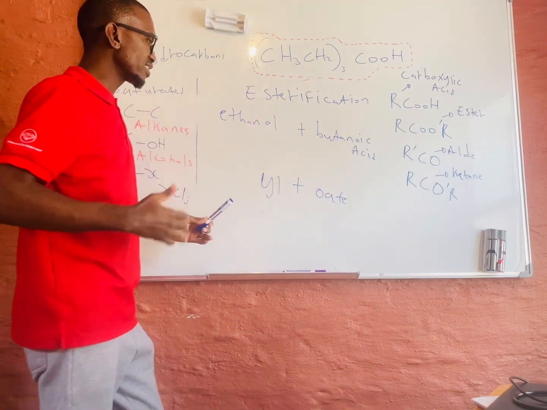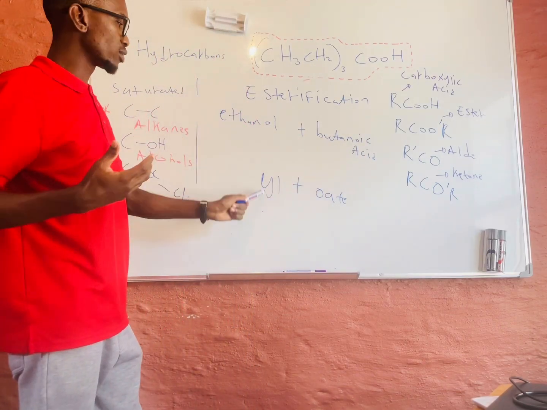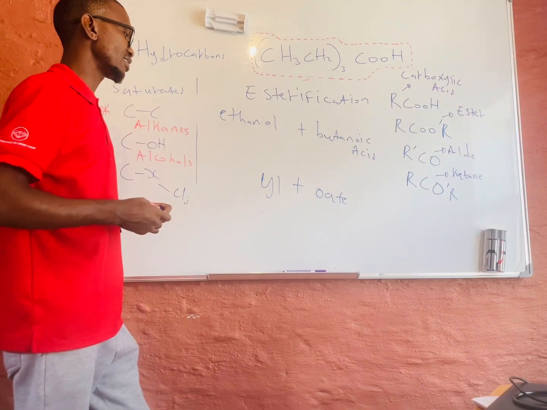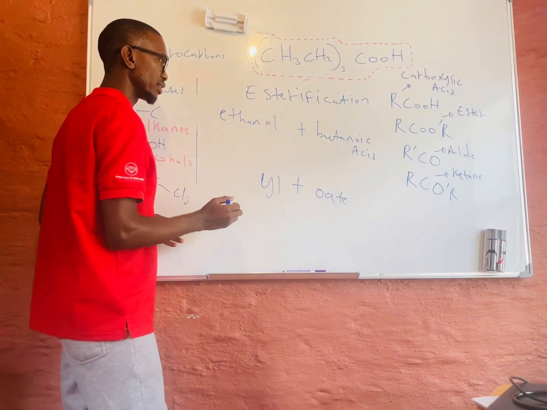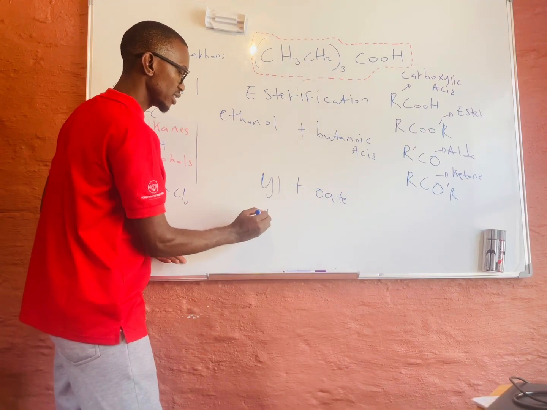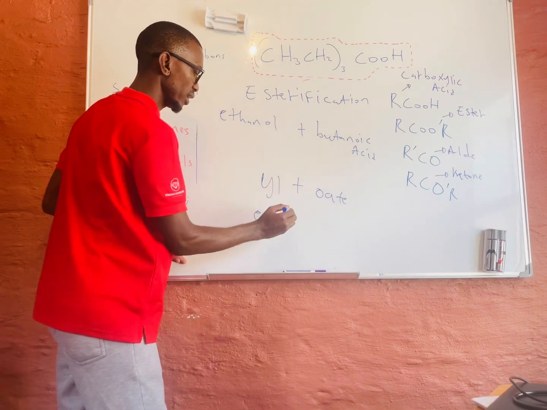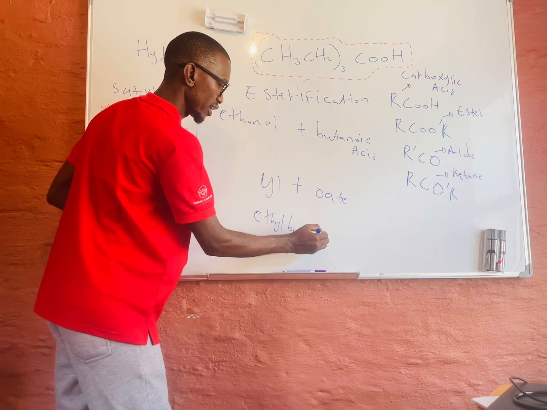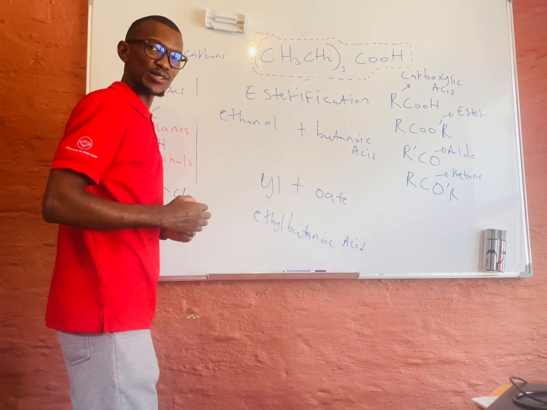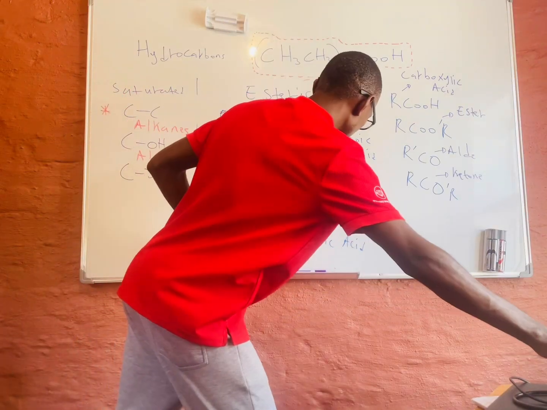Every time, the alcohol will take the -yl and then the -oate will be taken by the carboxylic acid. So let's do the IUPAC name for the ester. Our ester is going to become what? Ethyl what? Ethyl butanoate. Now I think it's easier for you guys to do, right? Awesome.